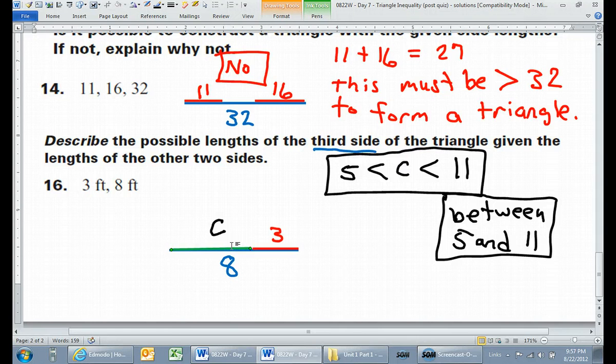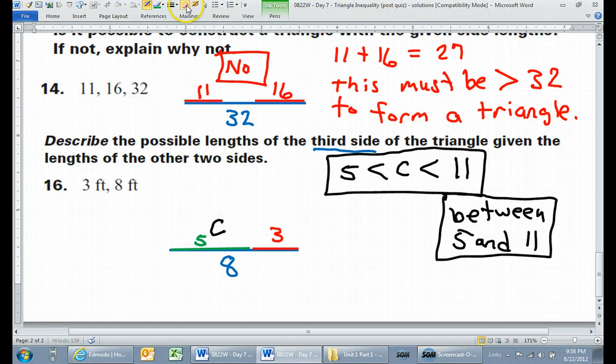If the whole thing is 8 and this part over here is 3, that means the other part must be 5. So this piece C must be 5 when it's flat like this. That's the lowest it can possibly be.